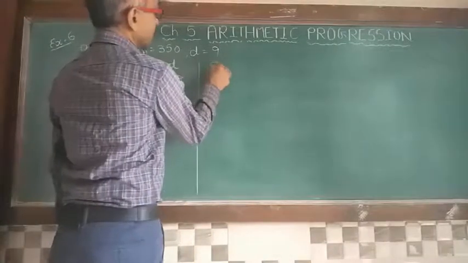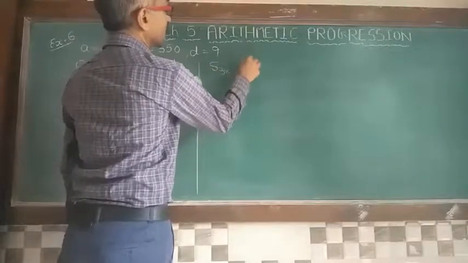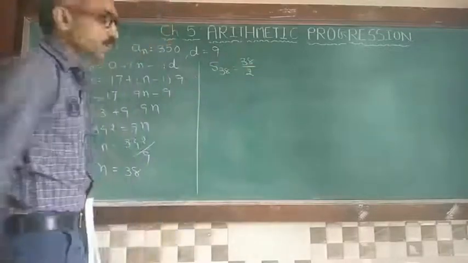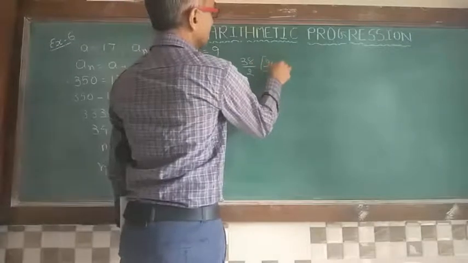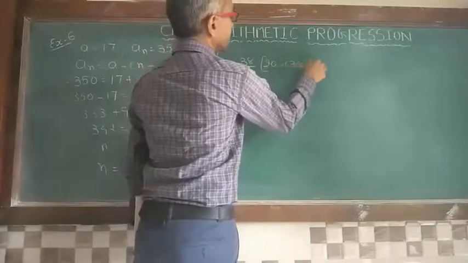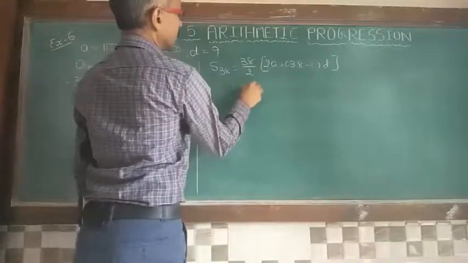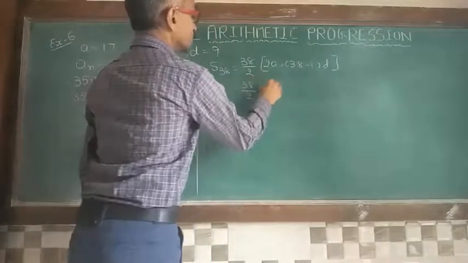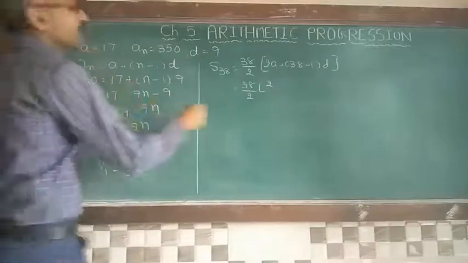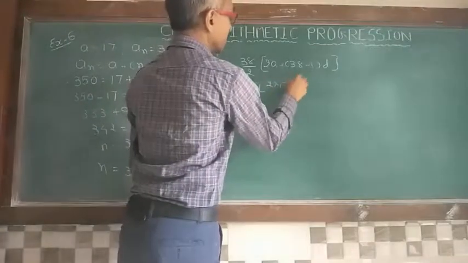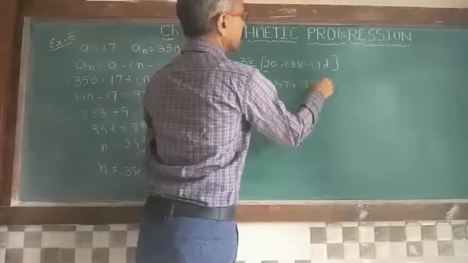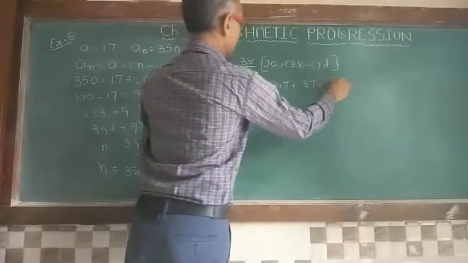So here S38 is equal to 38 divided by 2 into twice A plus 38 minus 1 into D. So 38 divided by 2 into 2 times your first term, 17, plus 37 into D, which is 9.